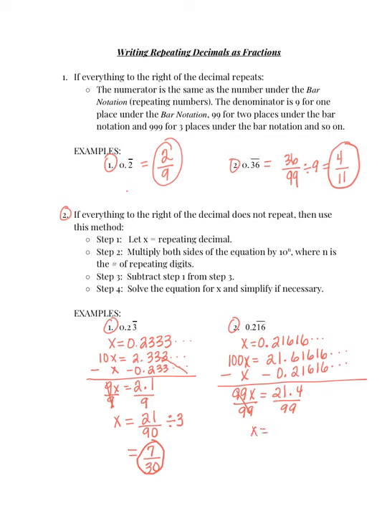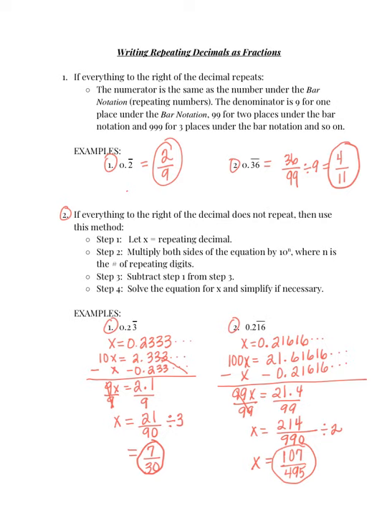To simplify, we've got to get rid of that decimal on the top, so let's move our decimal 1 place to the right on the top. On the bottom, if you move it 1 place to the right, you get 990. We need to simplify this. The first thing I'm going to do is divide top and bottom by 2. That will be 107 on top, and on the bottom 495. And that is in simplest form, so that is your fraction.